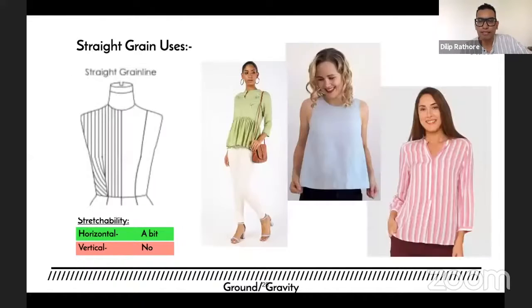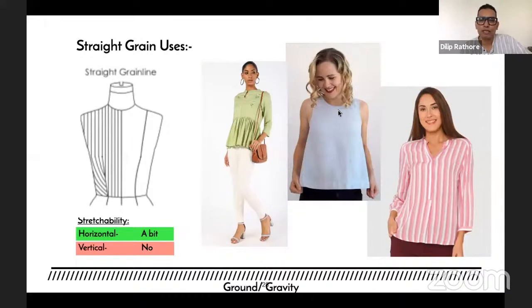And let's see some examples. So, uses of straight grain. There is a small picture on the body form showing that this vertical warp is the straight grain. It really helps when you have some gathers, or a top which is a little loose, or even a fitted top.